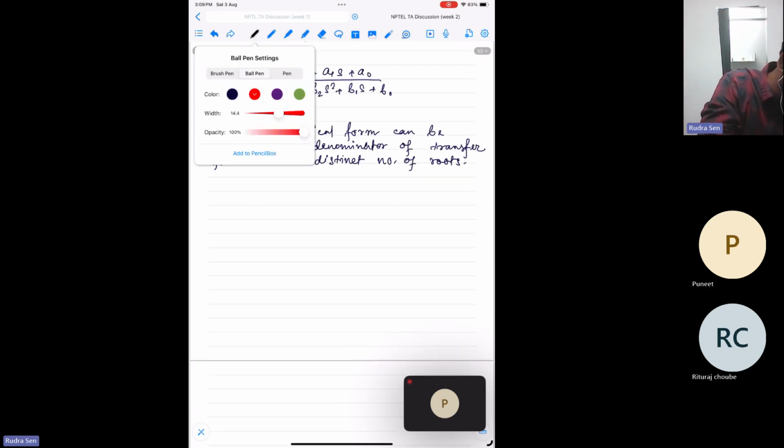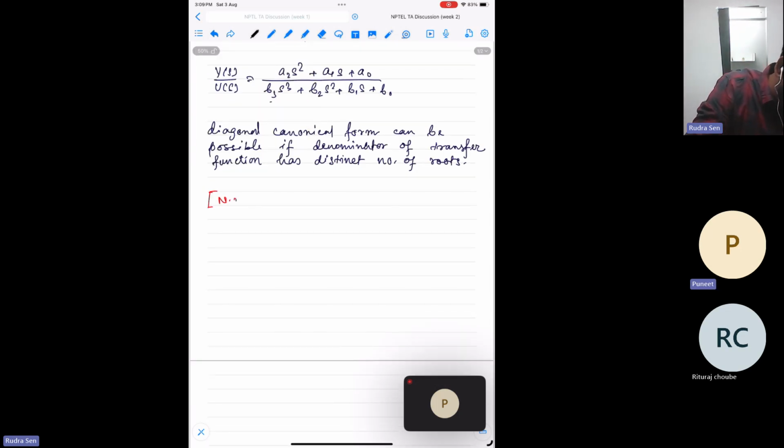Eigenvalues and eigenvectors. Let V be a vector.